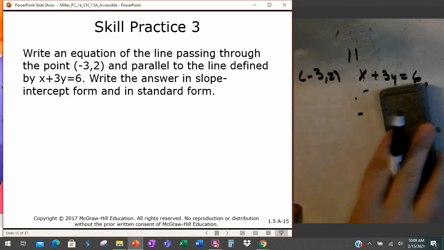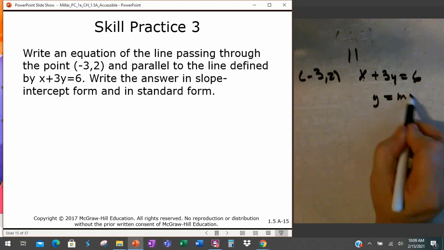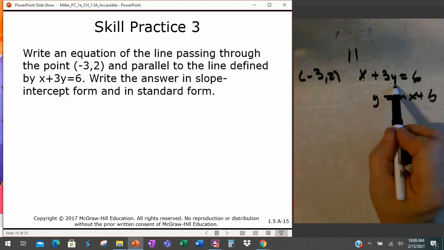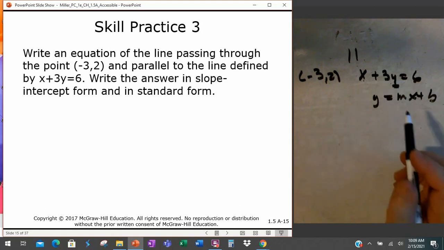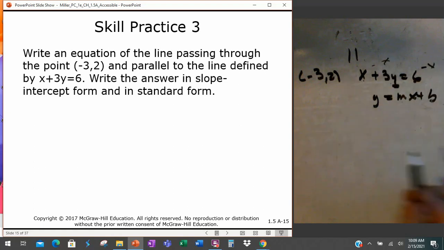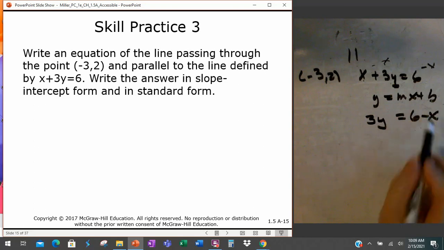So the first thing we want to do is convert this into its slope-intercept form, okay? So I need to solve for y. Okay, so minus x to get us started. So 3y is equal to 6 minus x.